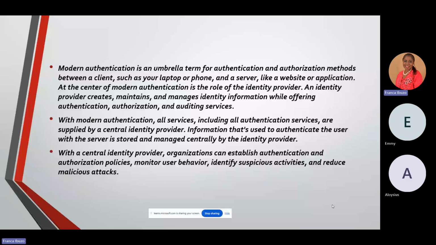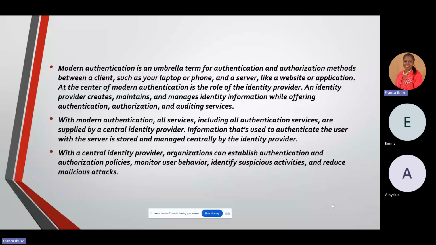All the information that is used, like when you store your password and all that. Can I ask you a question? Yeah, go on. Is this central identity provider something like database management or something like that?